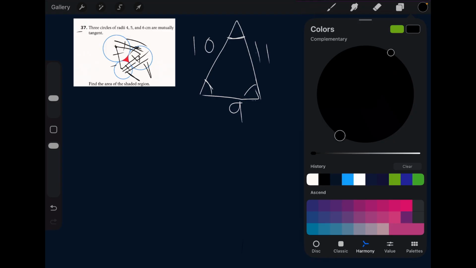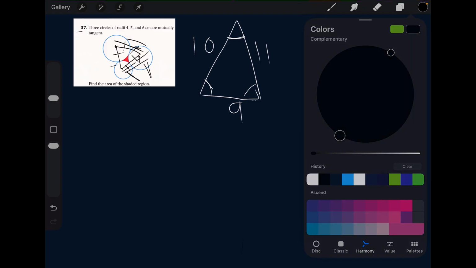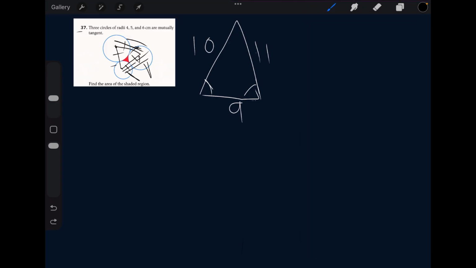So if we take one circular sector here, one here, one here, and one here, the last one. If we have the areas of these sectors, and we have the area of the whole triangle, which we will solve later, then we can take the whole area, subtract the circular sectors, and get the area of the shaded region in the middle.